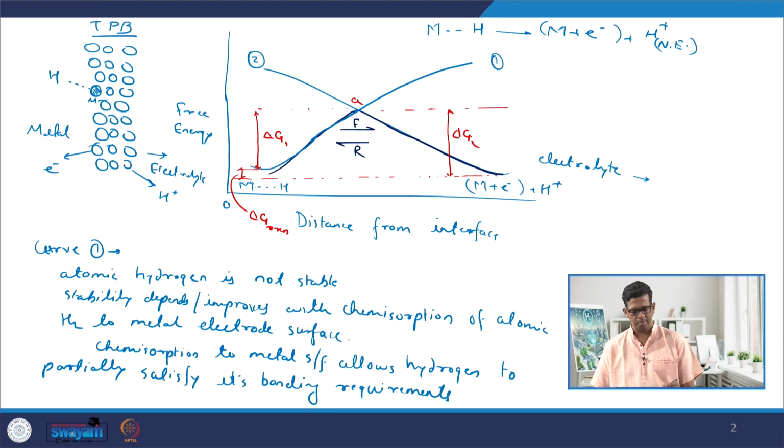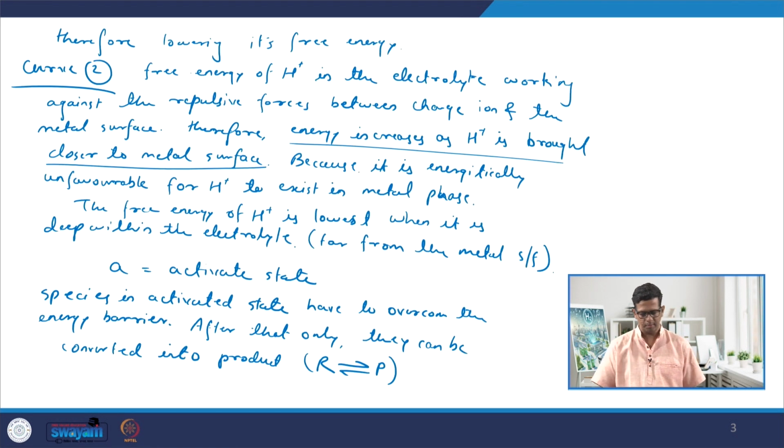M plus e minus plus H plus also has to cross this activated state in order to get converted into chemisorbed hydrogen, that is M·H, and for that it has to overcome the reaction barrier delta G2. So that is how we can find a common path and find the activated state. That has all been explained here. Let us move on and see how we can find this activated state.